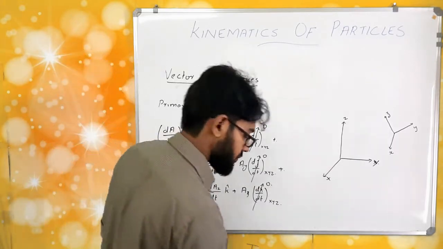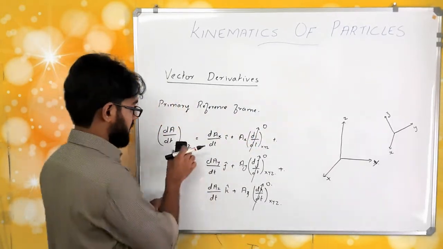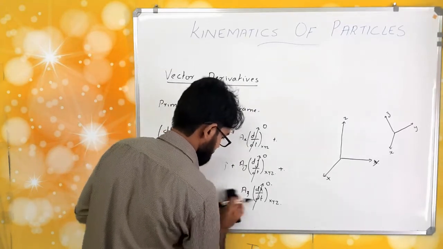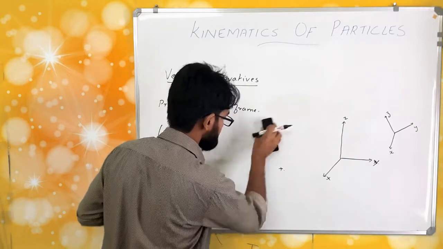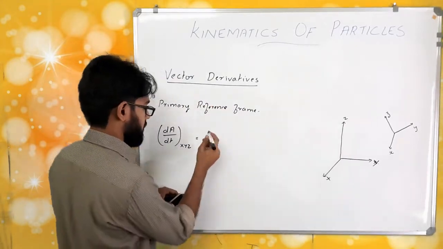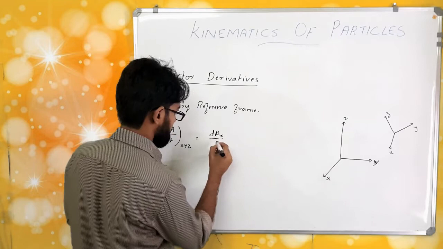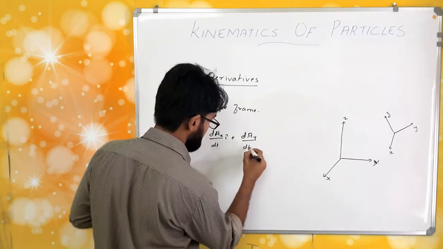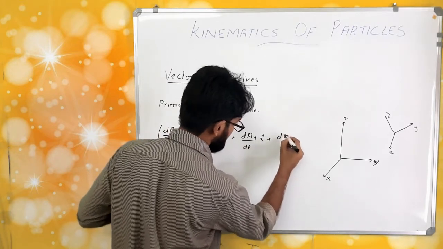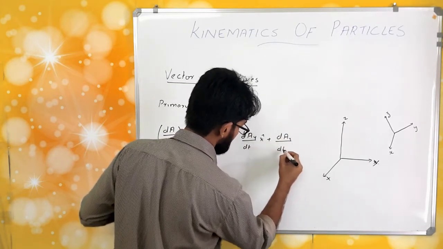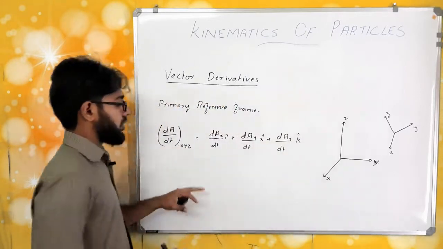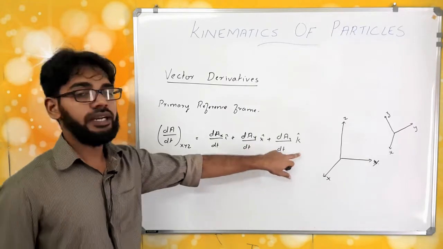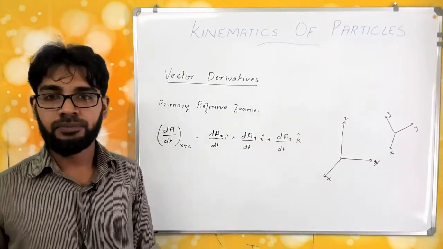So as such, my derivative of the vector will turn out to be dAx by dt into I cap plus dAy by dt into J cap plus dAz by dt into K cap.